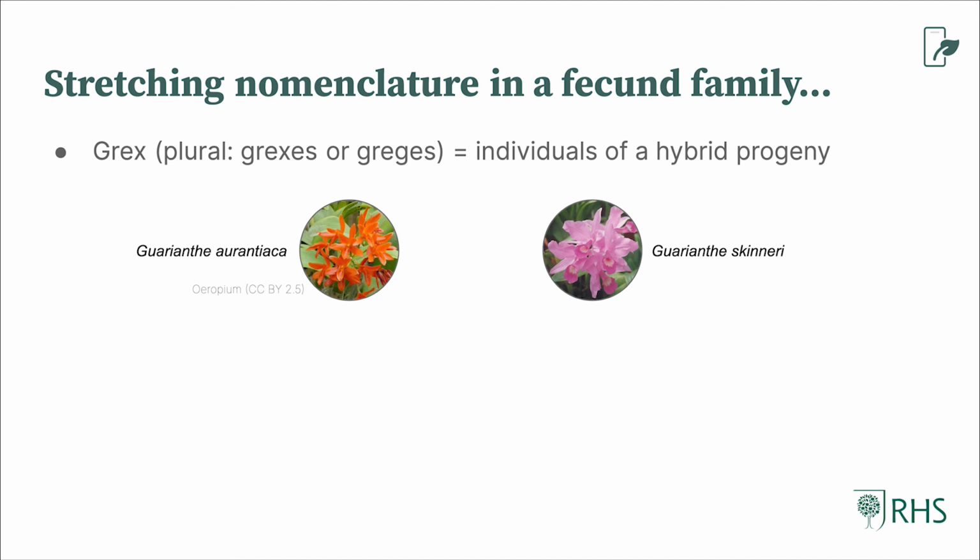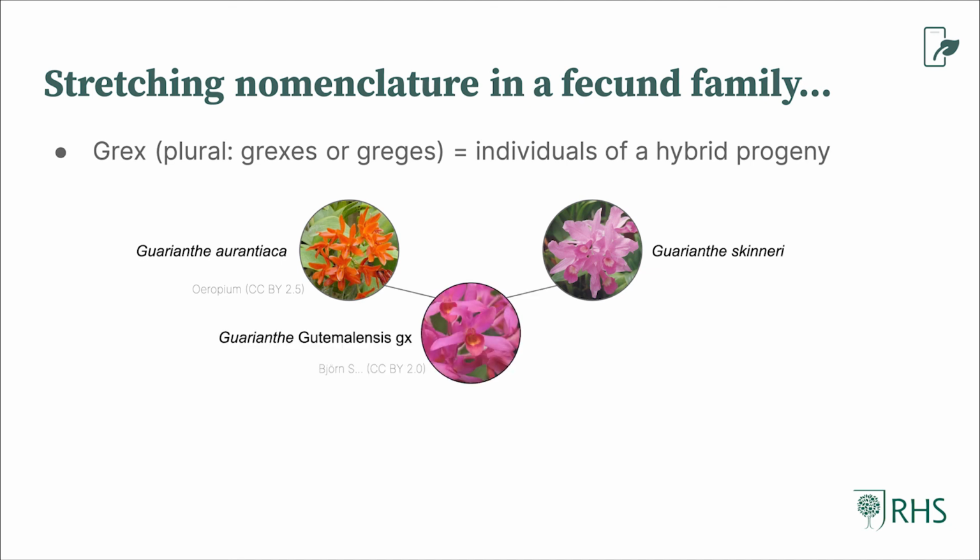And when those two are crossed, parent one and parent two, they produce this looking thing. And in this case, the cross, or the progeny, which is the child, if you like, is written out like this. So Guarianthe, which is the genus, and then guatemalensis, which is known as the grex, GX.